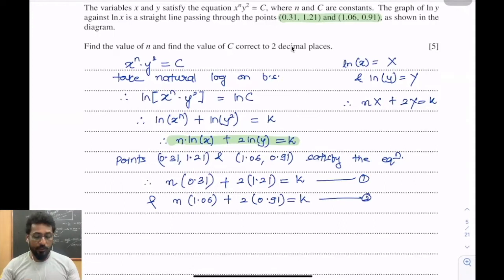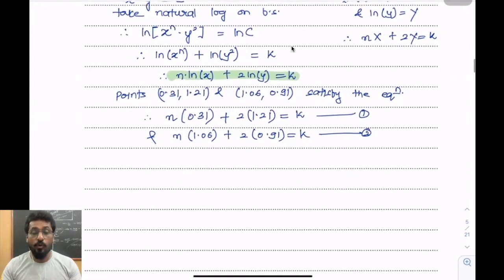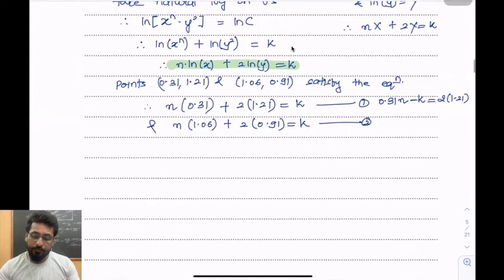So I'm going to take the help of the calculator. Students, you should be very much aware how this calculation needs to be done. So you can observe your first equation is actually something like this: 0.31 times of n minus k is equal to 2 times of 1.21. Okay, so I have taken all the variables on one side.